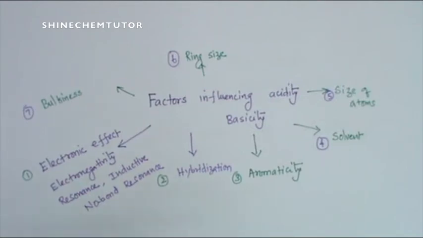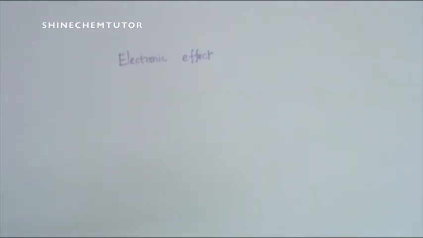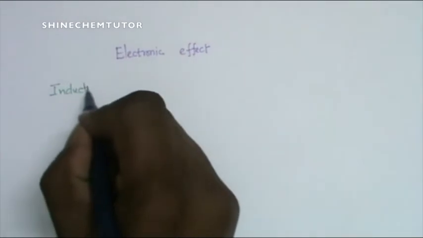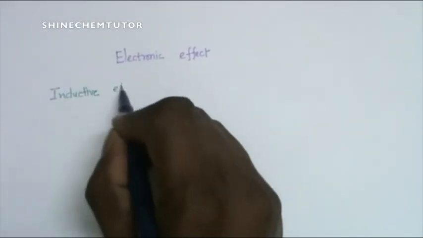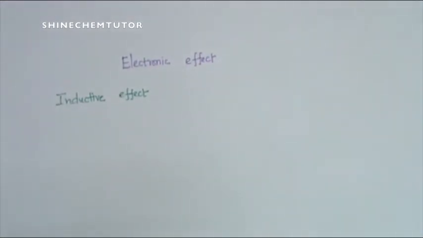First, let us go for electronic effect. The first and simplest one is inductive effect. Mainly, it is because of electronegativity of atoms. The electron density is pulled towards the atom which has more electronegativity.